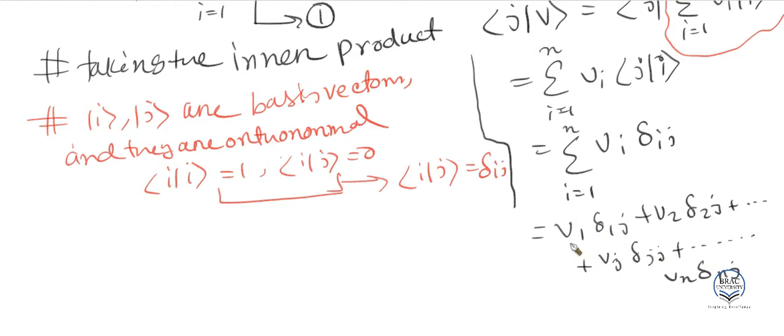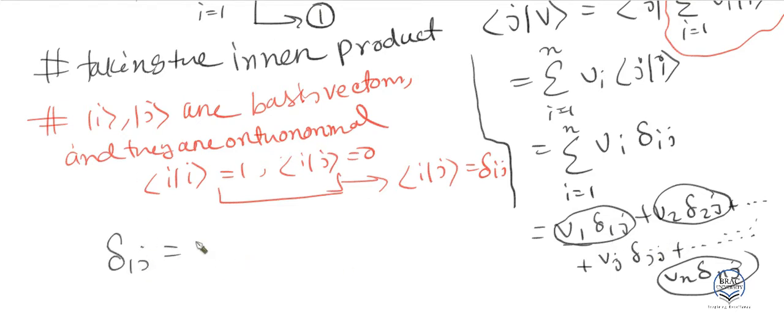So all of this, and all the terms in these dots will get cancelled out, because delta 1j is 0 when j is not equal to 1, and delta jj is just 1, right?